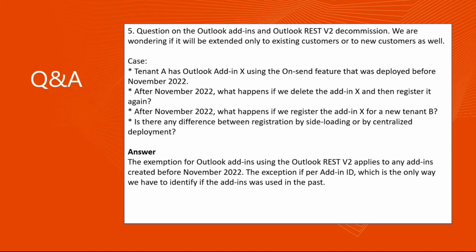I would think that it needs to either be an app source or centralized deployment to be seen. I don't know that sideloading would allow it to be seen. So I need to follow up on that to be sure I'm saying the right thing there, because I'm not super familiar with how that part works. So I'll post more information in the post summary blog, and hopefully that'll help.